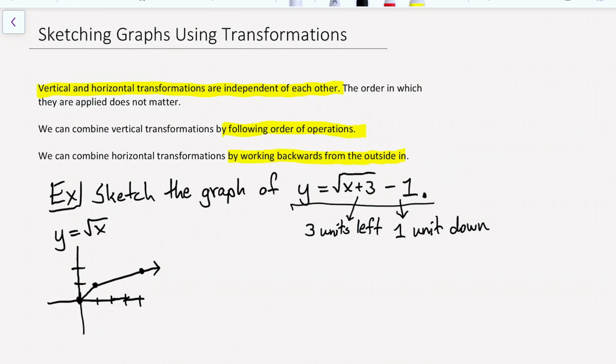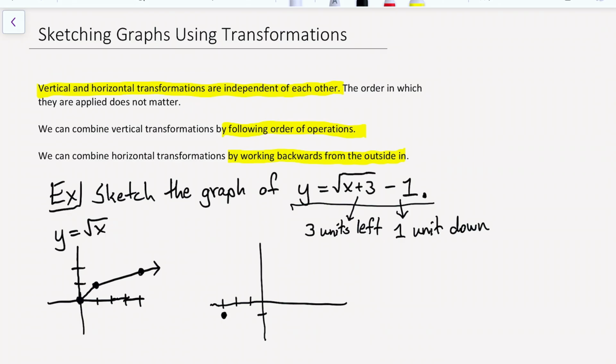So without making a table of values, I think that I can visualize that on my new graph. I have some points noted on the original function: (0, 0), (1, 1), (4, 2). Let's think about taking each of those points and just moving them 3 units to the left and 1 unit down. So instead of (0, 0), I will now have (-3, -1).